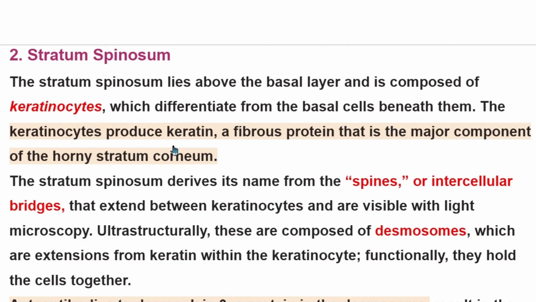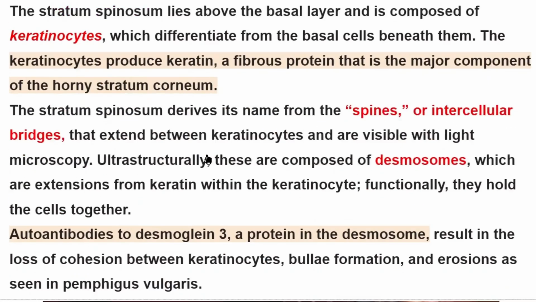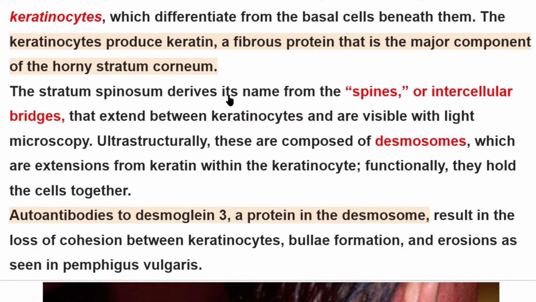The keratinocytes produce keratin, a fibrous protein that is the major component of the horny stratum corneum. The stratum spinosum derives its name from the spines or intercellular bridges that extend between keratinocytes and are visible with light microscopy. Ultrastructurally, these are composed of desmosomes, which are extensions from keratin within the keratinocyte.